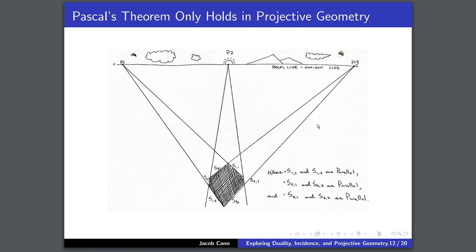Normally this wouldn't work in Euclidean geometry, because if you have a good old-fashioned parallel opposite sides hexagon, they're just gonna continue on forever. They're never gonna meet. You'd never get your Pascal line. So when we use this theorem in projective geometry, we're taking the horizon line as Pascal's line, and the points that they intersect are at infinity.